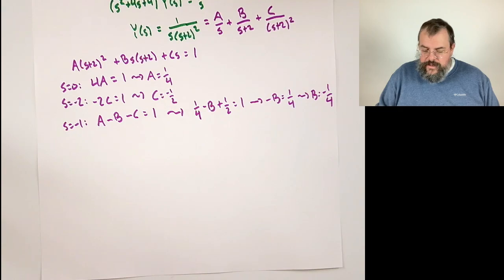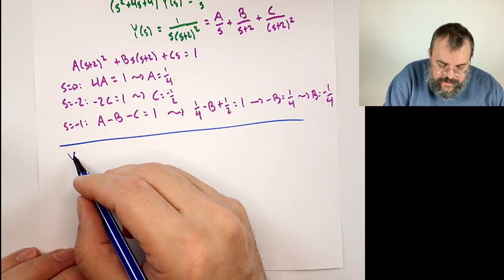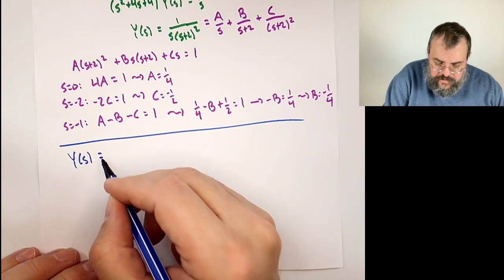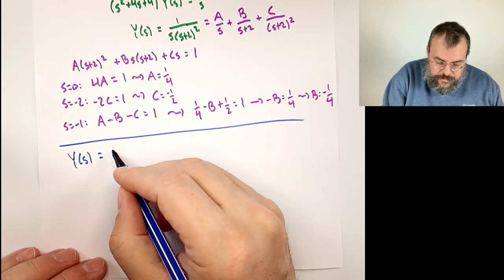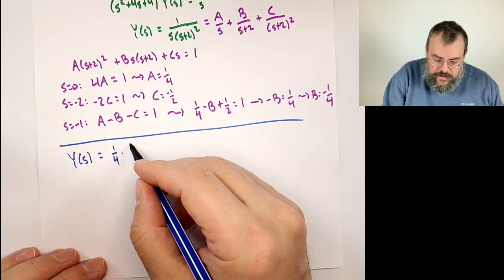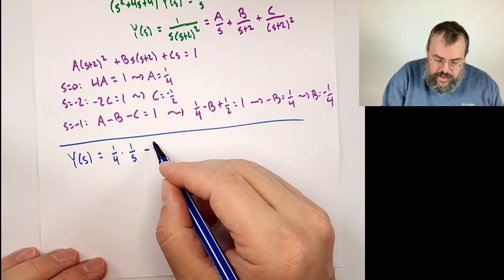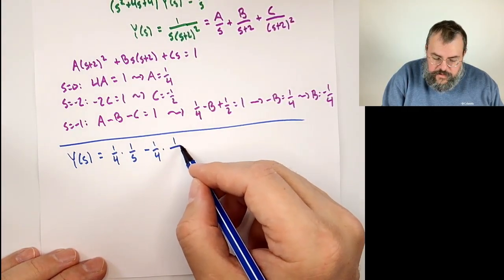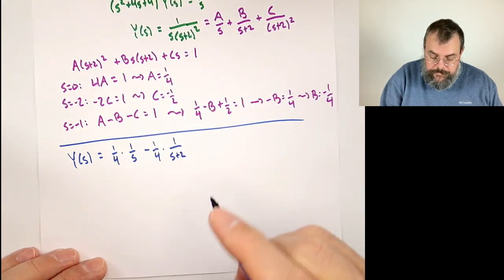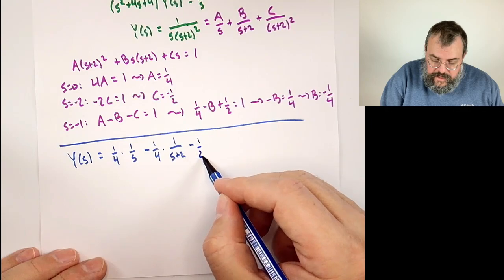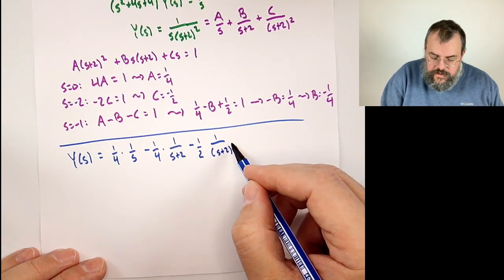Now updating, we can say the following. So Y of s is equal to, well, we have our A, which we'll write as 1/4, 1 over s, plus our B, minus 1/4, 1 over s plus 2, plus our C, which is minus 1/2, 1 over s plus 2 squared.